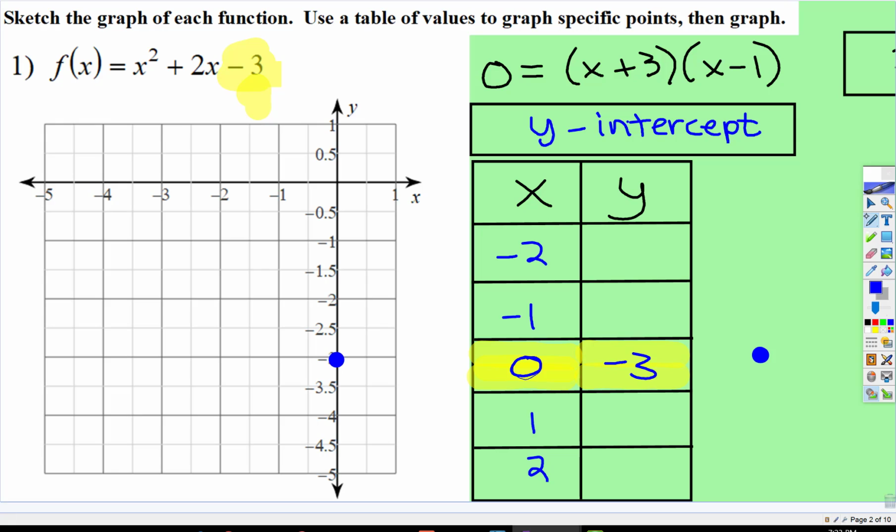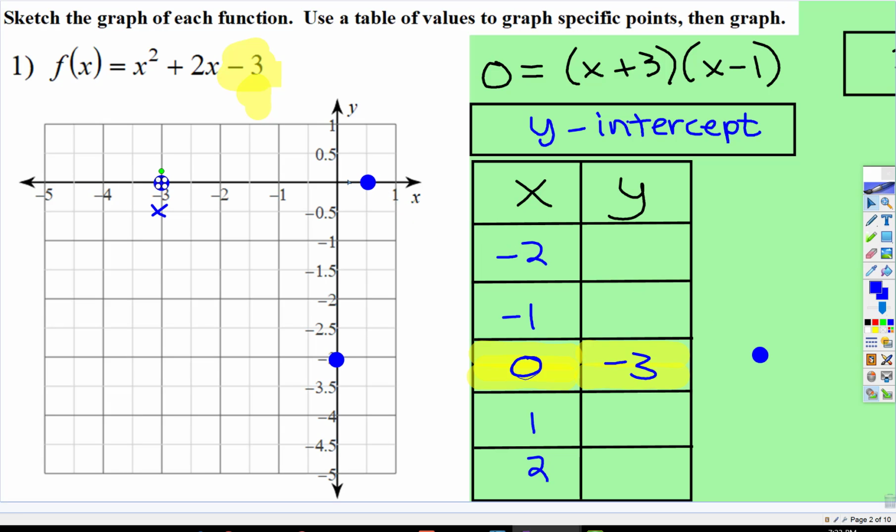Oh, and then you could put your points on the x-intercepts, because these will be the x-intercepts. So where x is, what's the opposite of +3? -3. So where x is equal to -3, remember this is the x value, and where x is equal to +1, that's our other x value.